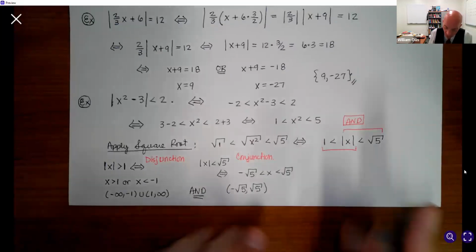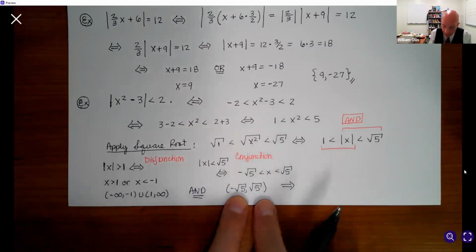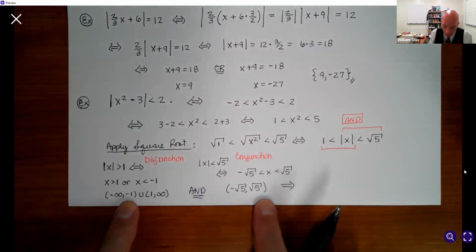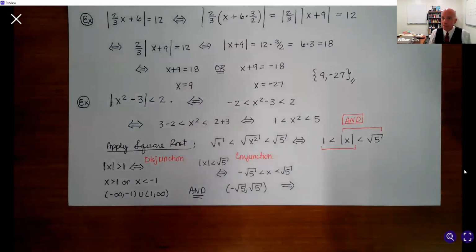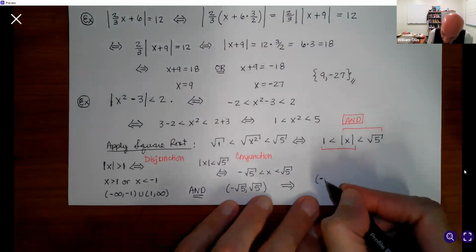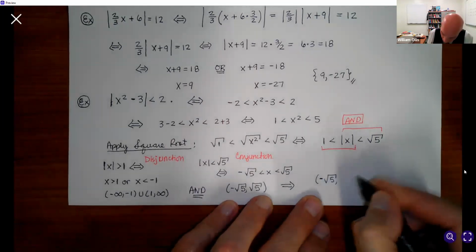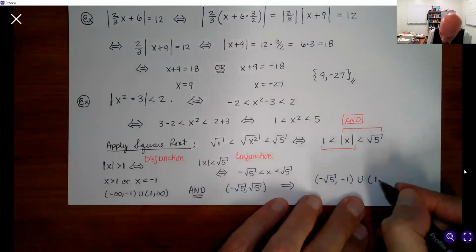When we do the intersection, we just run from negative root 5 to negative 1, union 1 to root 5, root 5 being bigger than 1, negative root 5 being less than negative 1. So the intersection gives us negative root 5 to negative 1, union 1 to root 5.